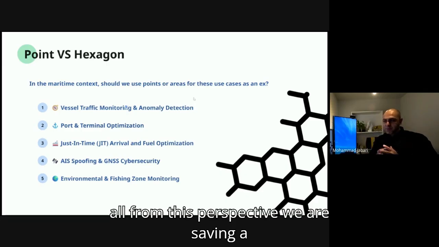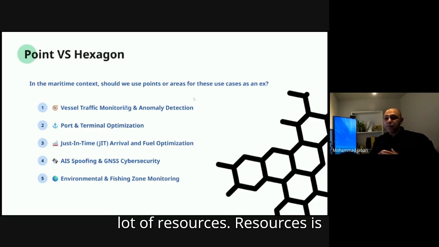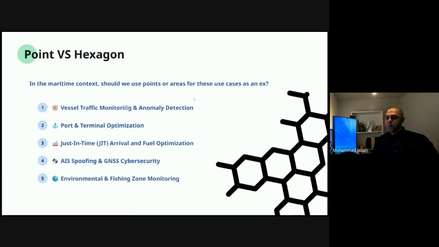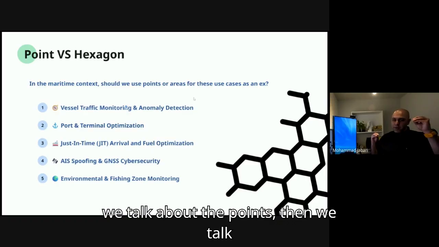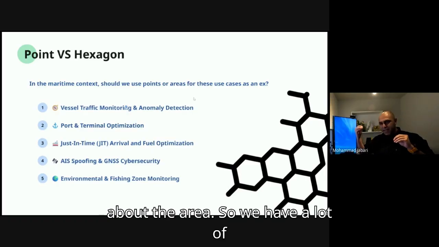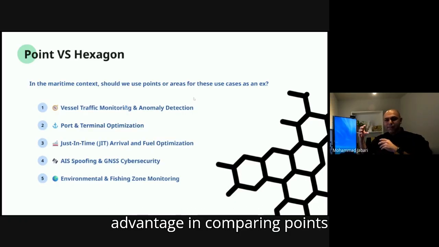From this perspective, we are saving a lot of resources. Resources are money, time, and so on. So we talk about points, then we talk about areas. We have a lot of advantages in comparing points to areas.